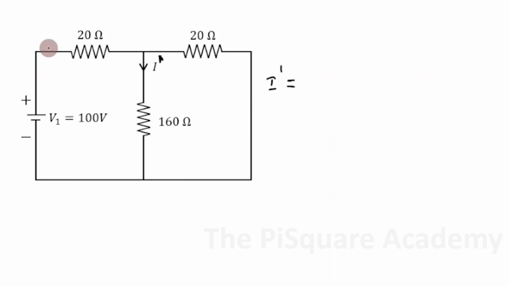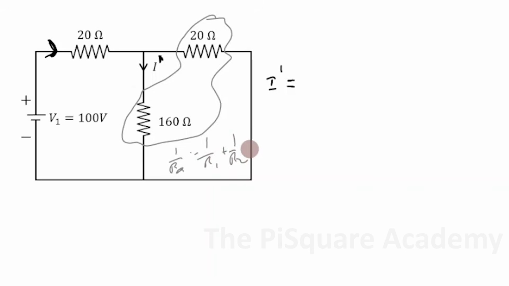How do you find it? First, find the total current. Once you find the total current, apply current division, and you will get this current here. So what is the total current? To find the total current, these two are in shunt. The resultant is how much? 1 by R equivalent is equal to 1 by R1 plus 1 by R2.